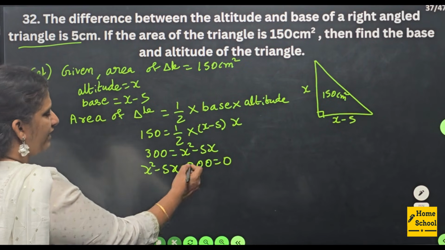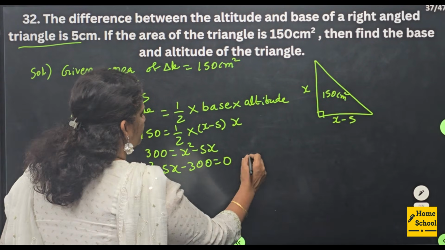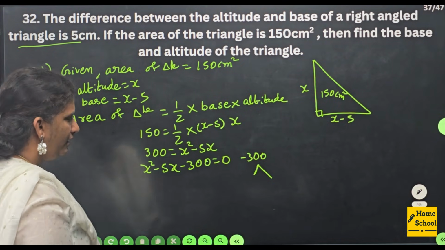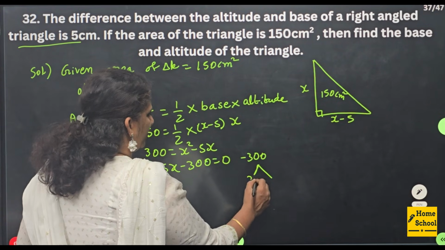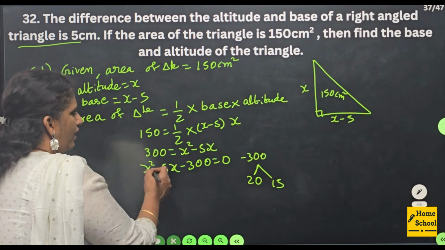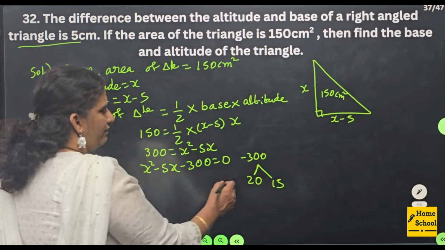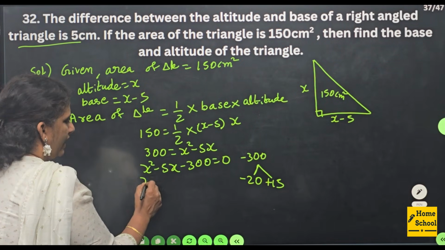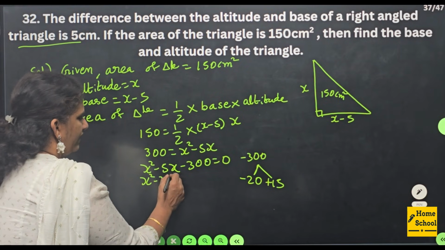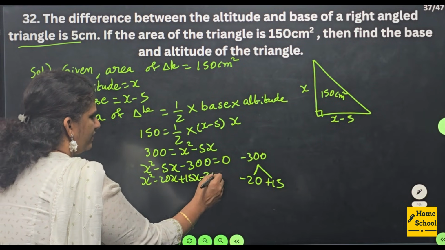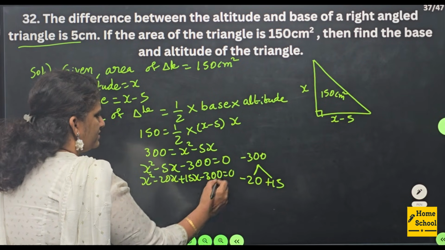Now find the factors for minus 300. What are the factors here? I can take 20, 15, 300. Now how do we get minus 5? I'll take minus 20 plus 15. x square minus 20x plus 15x minus 300 is equal to 0.